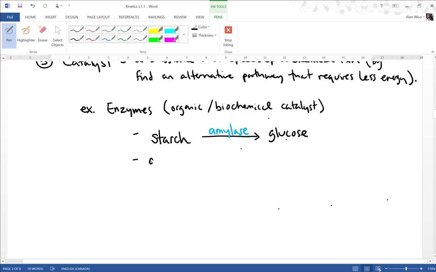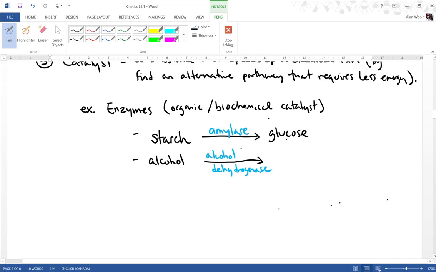Another good one for breaking down a substance that you guys may consume is called alcohol dehydrogenase. And alcohol dehydrogenase is made by your liver.